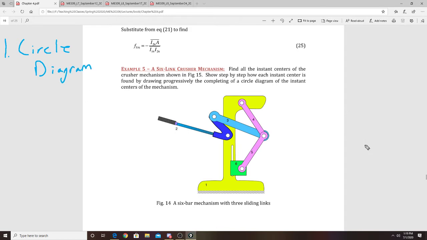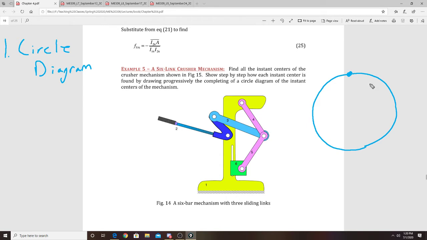So our circle diagram will go right here. I'm going to try my best to make it fairly big. And how many links do we have in this question? So we could fill out that properly. We have, looks like 6, so 1, 2, 3, 4, 5, 6.